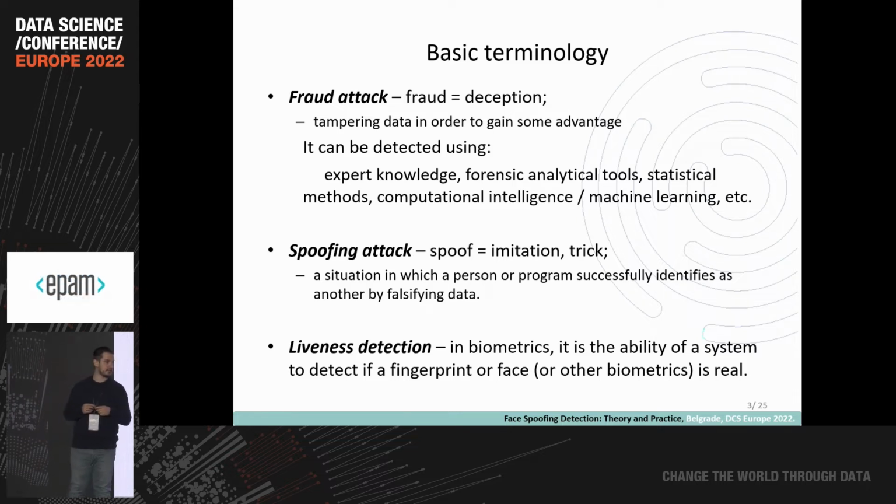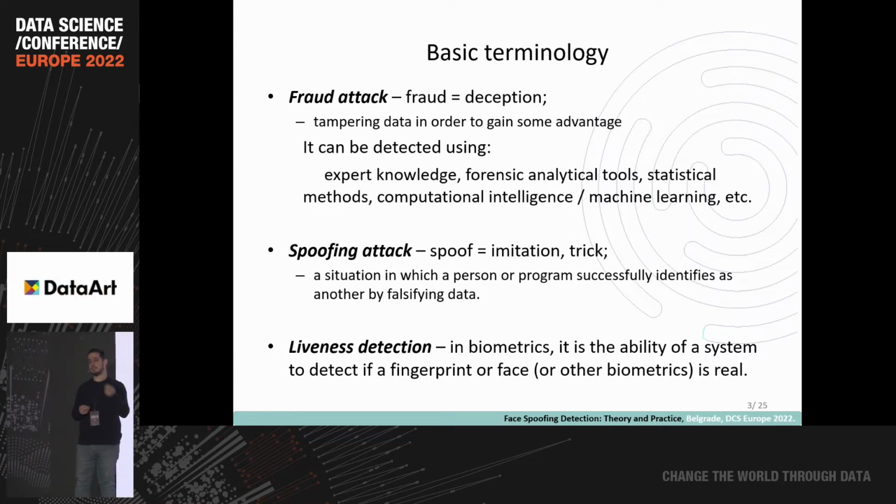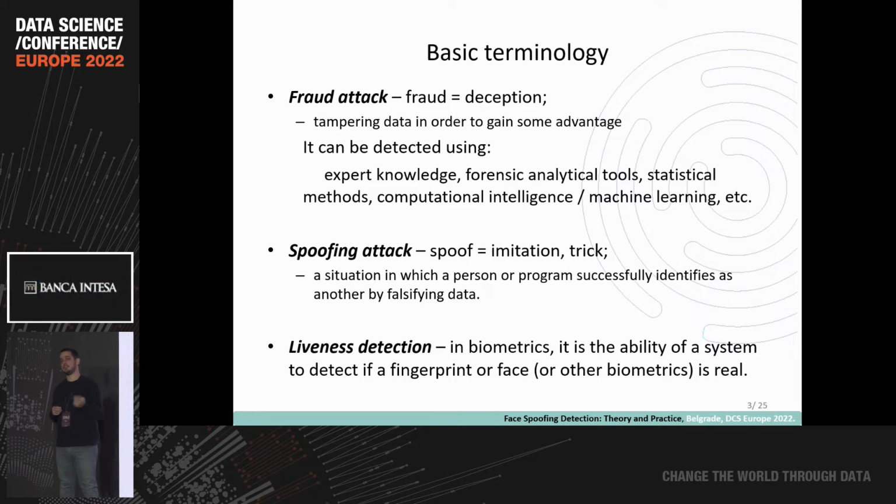Spoofing attack is a sub-type of fraud attack. It is fraud done by imitation, by a trick, when someone tries to impersonate someone else using his or her image of face or fingerprint or retina or something like that.